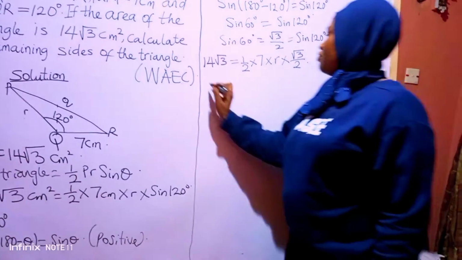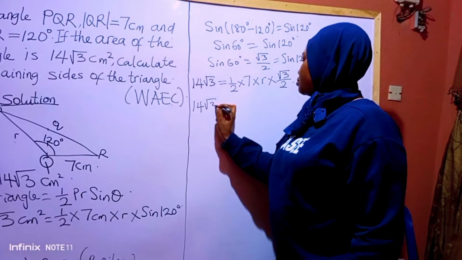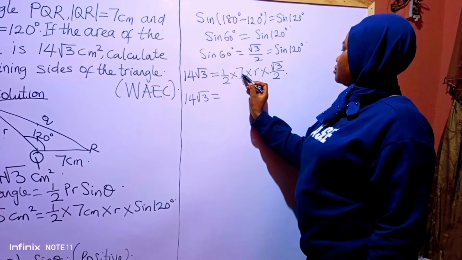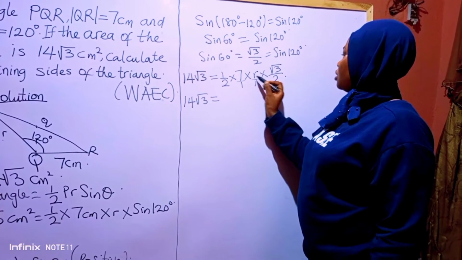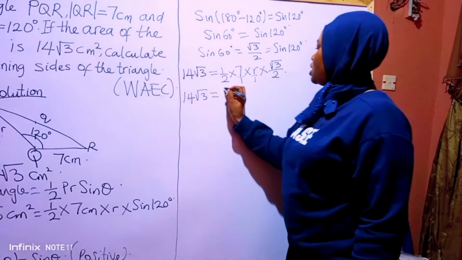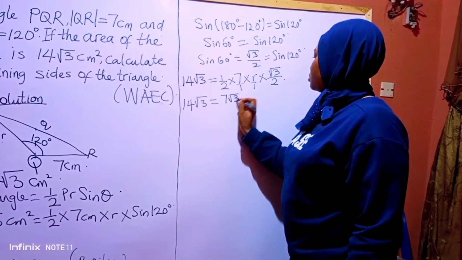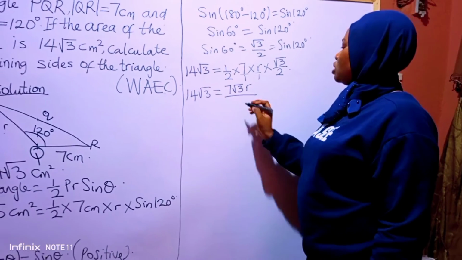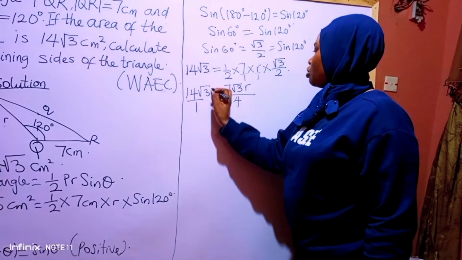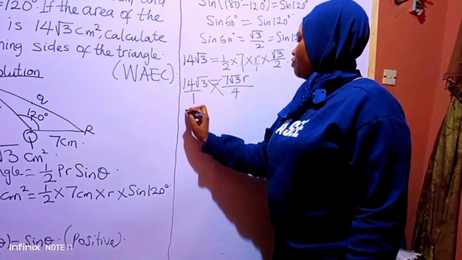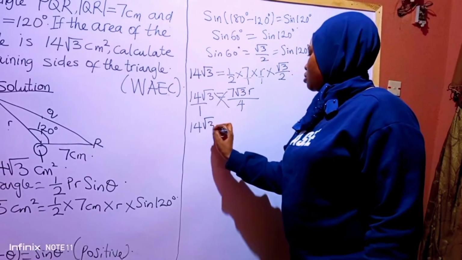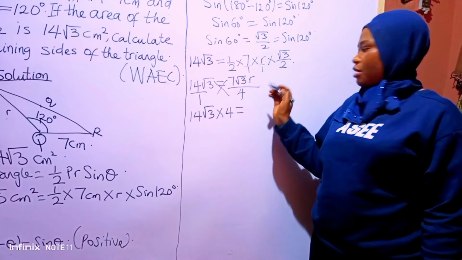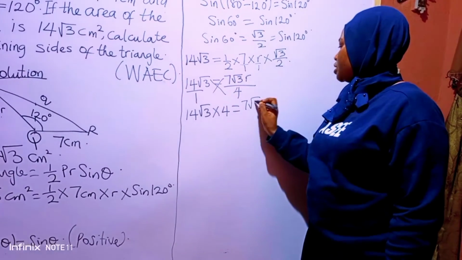So 14√3 is equal to 1 multiplied by 7, 7 multiplied by r, 7r. 7r multiplied by root 3 gives us 7 root 3 r over 2 multiplied by 1 multiplied by 2, which gives us 4. So we can now cross multiply. We have 14 root 3 multiplied by 4 is equal to 1 multiplied by 7 root 3 r, so it's equal to 7 root 3 r.